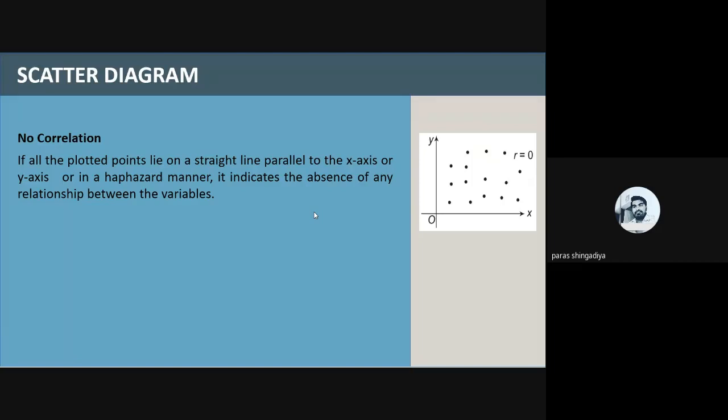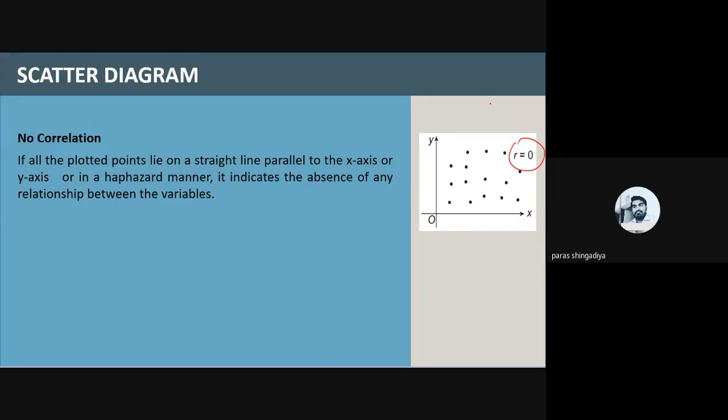So that is called no correlation, and the definition is: if all the plotted points lie on a straight line parallel to the x-axis or y-axis, or are in a haphazard manner, it indicates the absence of any relationship between the variables. There is no fixed pattern you can observe in this data. So that is called no correlation, where the coefficient of correlation value is equal to 0. Both the data are independent.